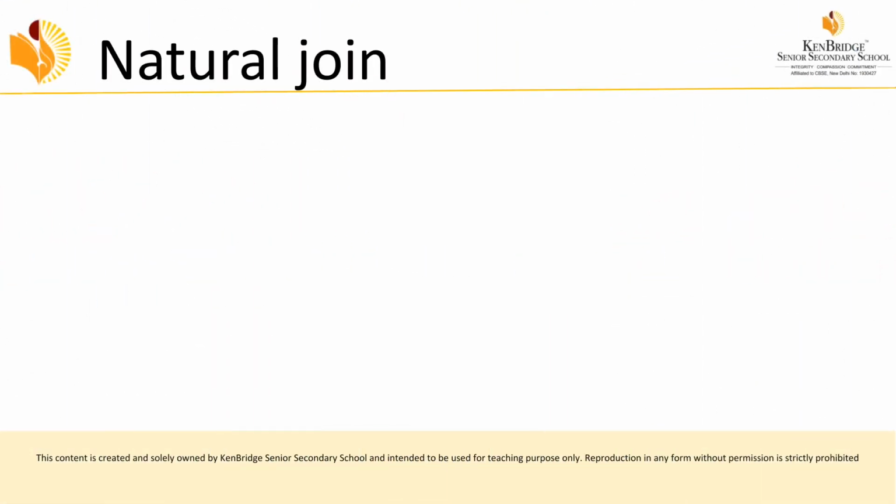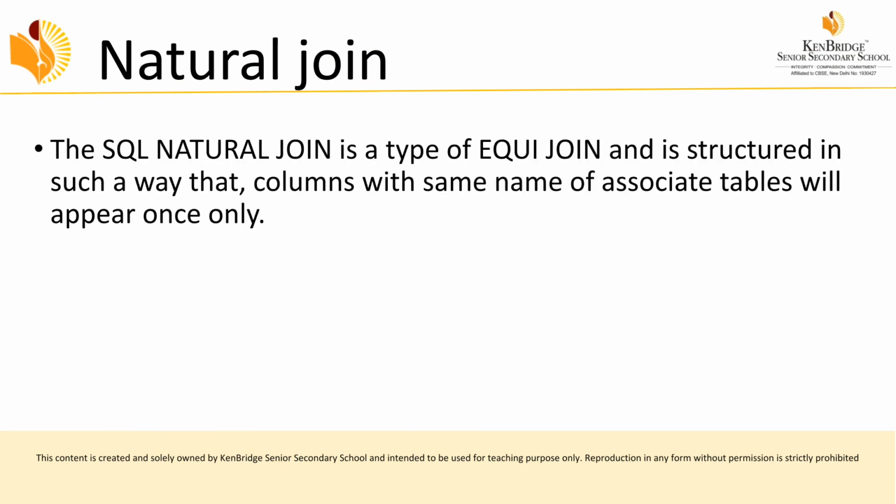Now we are going to see about the natural join, okay? So natural join means this is a type of EQ join and is structured in such a way that columns with the same name of associate tables will appear only once, okay? Whatever is same, whatever is repeated again and again, that will be displayed only once in the resultant table, okay?